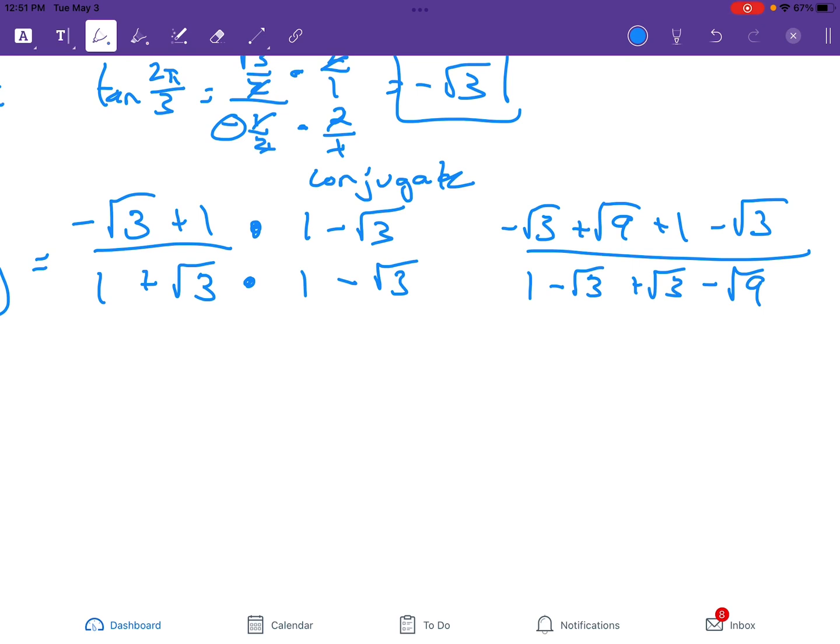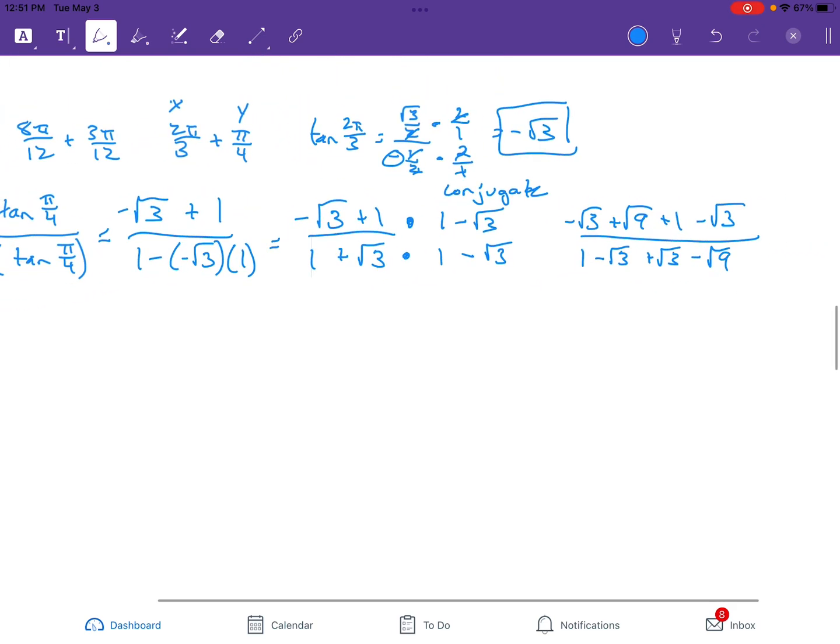Okay, now we're going to combine the like terms. We have negative root 3 and negative root 3. That's 2 negative root 3s. The square root of 9 is 3, plus 1 is 4. On the bottom, these two will cancel each other out because negative root 3 and positive root 3 are exact opposites. They go away.